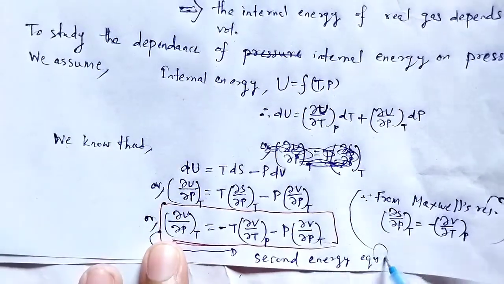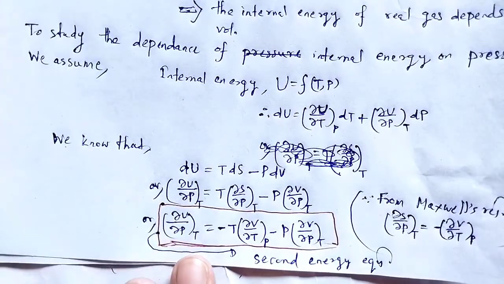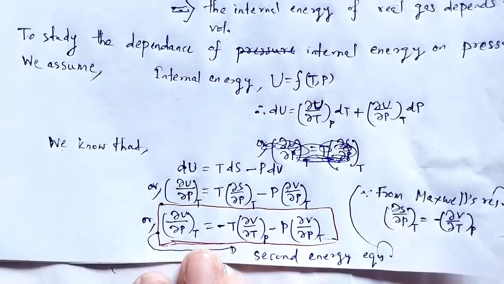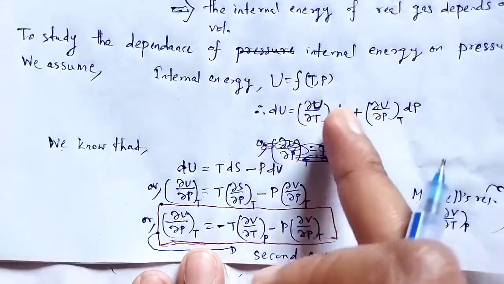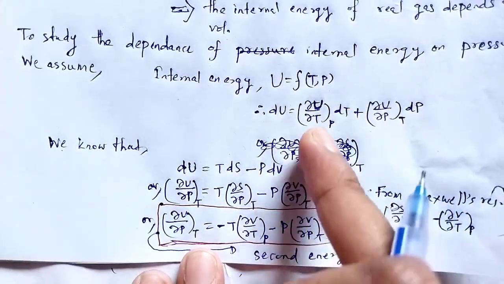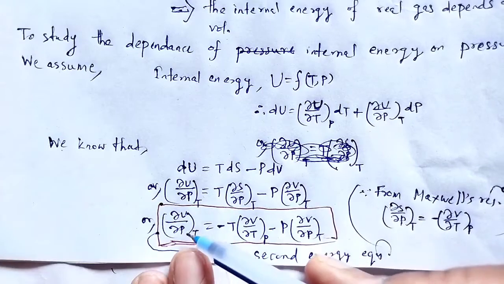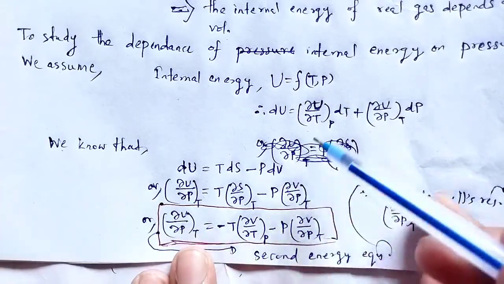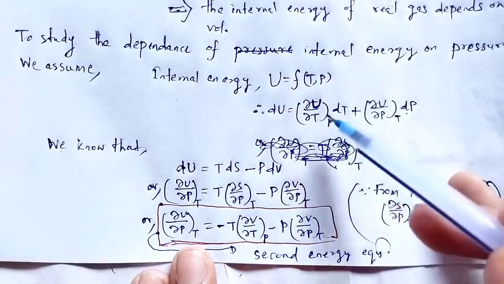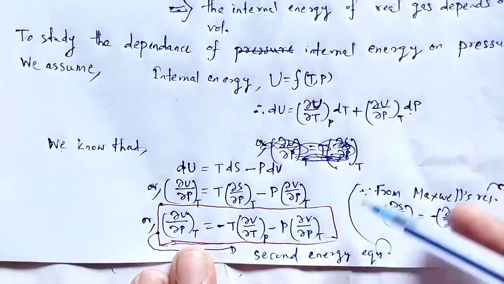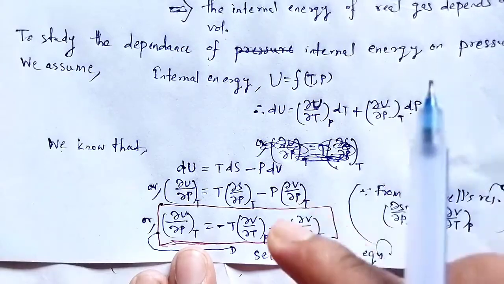Putting the value of ∂U/∂P back, dU can be written accordingly.